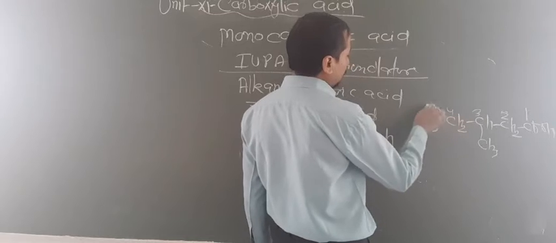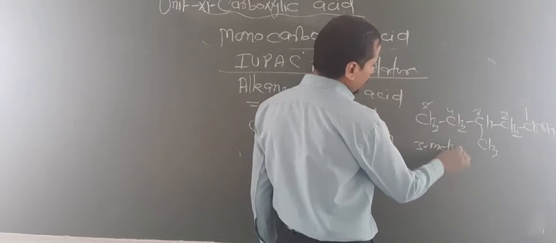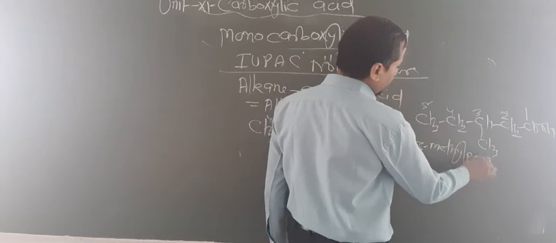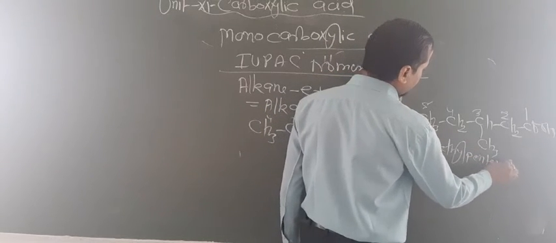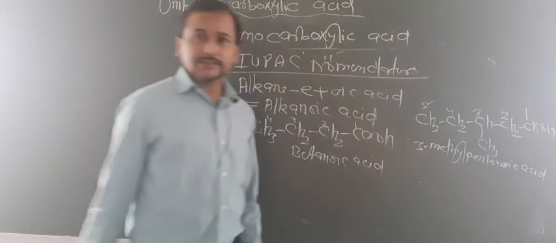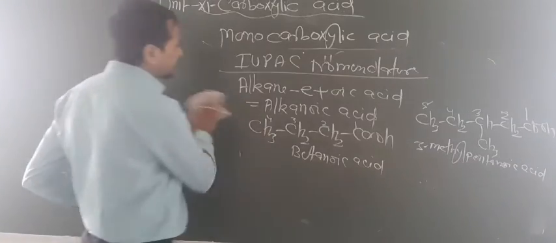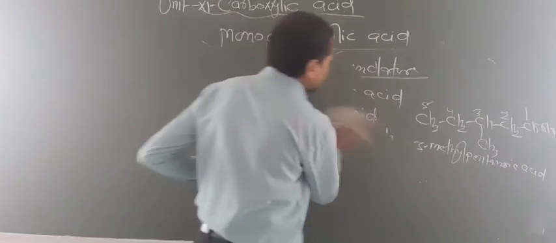So 3, 4 and 5. This is known as 3-methylpentanoic acid. Are you getting this point? By this way you can write the name of monocarboxylic acid in IUPAC nomenclature.